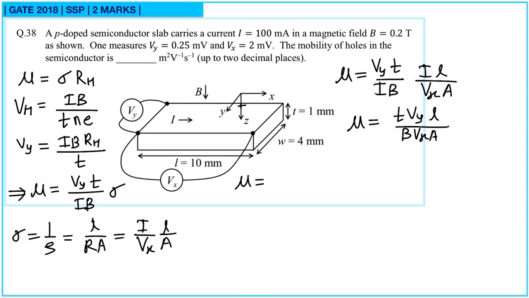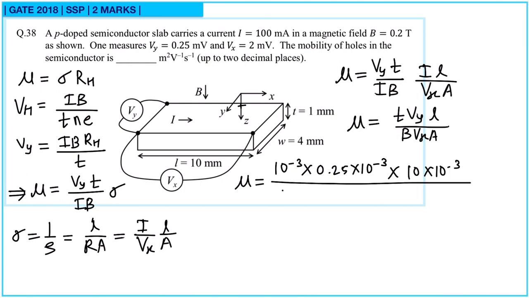So mu is equal to, T is this thickness, it is 10 raised to minus 3. Vy is 0.25, but it is in millivolt, so 0.25 into 10 to the power minus 3. Then length is given as 10 millimeter, that is 10 into 10 to the power minus 3, upon B, 0.2 Tesla, into Vx horizontal, that is 2 into 10 to the power minus 3, 2 millivolt.